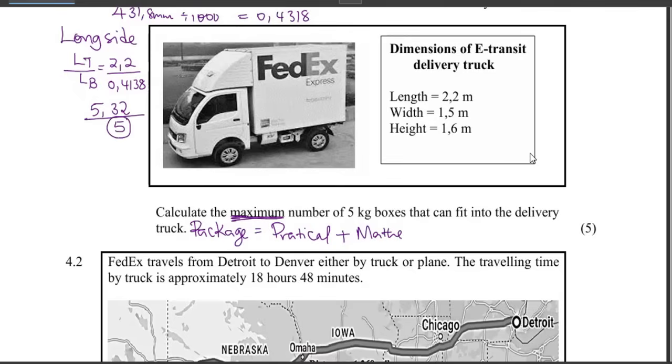This is on the long side. What about the short side? On the short side, which means the breadth, we shall say width of the truck divided by the width of the box, which simply means we shall get the width, which is 1,5 divided by 0,4138.